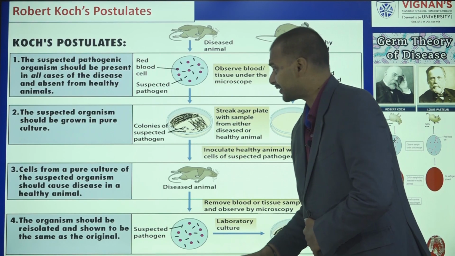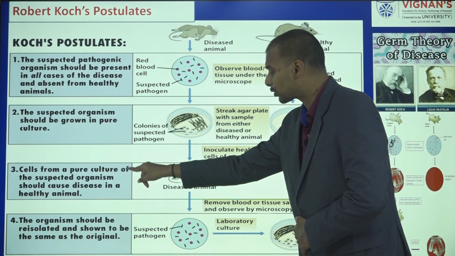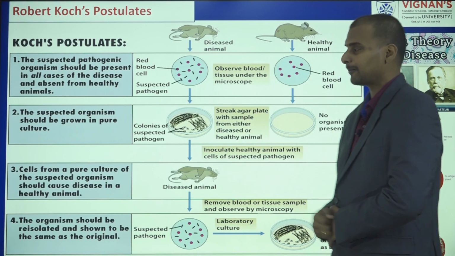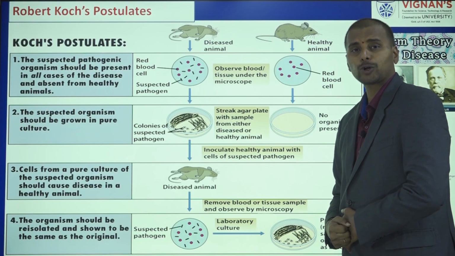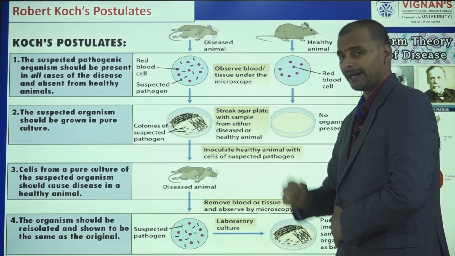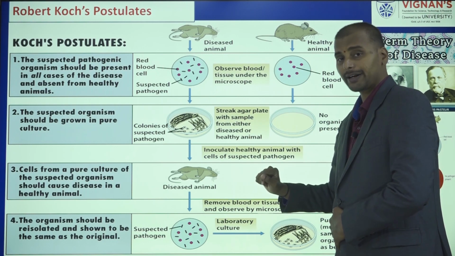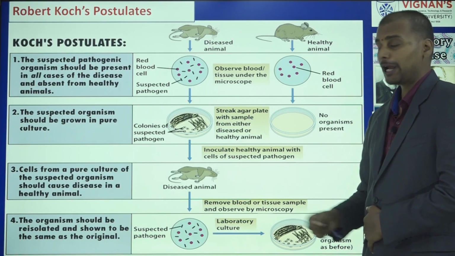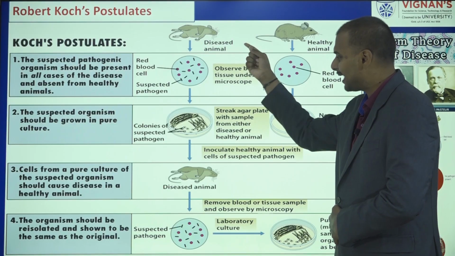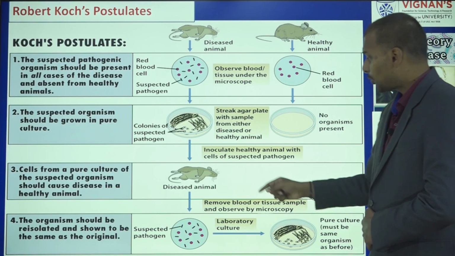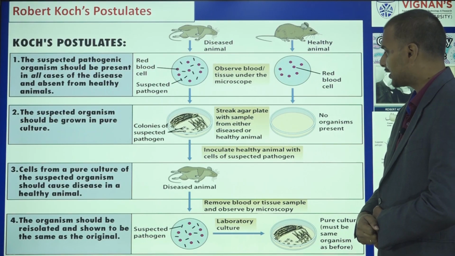The third postulate: the cells from the pure culture of the suspected organism should cause disease in a healthy animal. Here the pure culture of the microorganism was prepared. If we inoculate this microorganism into the healthy animal, it should cause the same disease, and so disease was induced here.